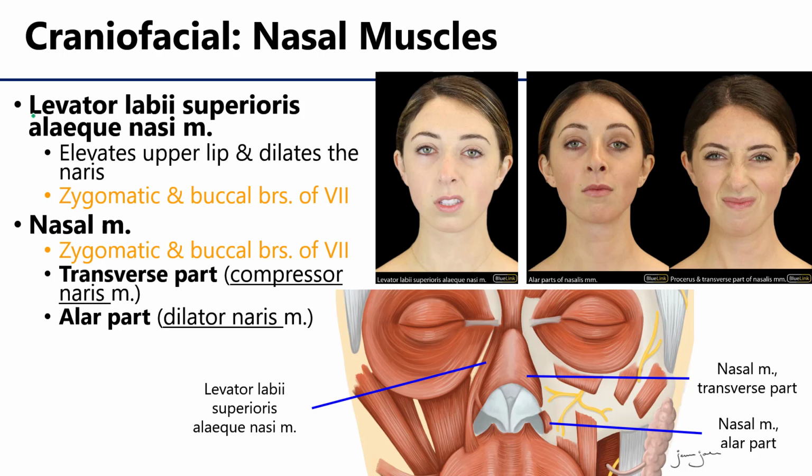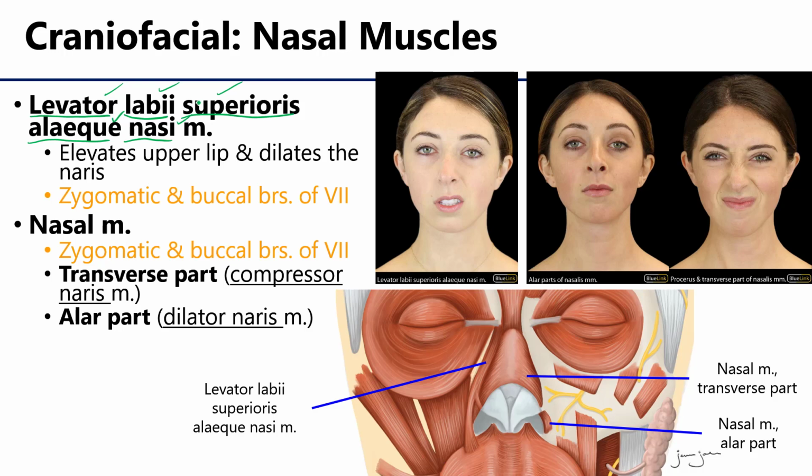So it is the levator labii superioris alaeque nasi muscle. So let's break that one down. It's an elevator of the upper lip and also the wing of the nose.